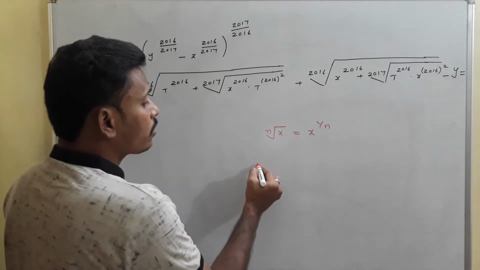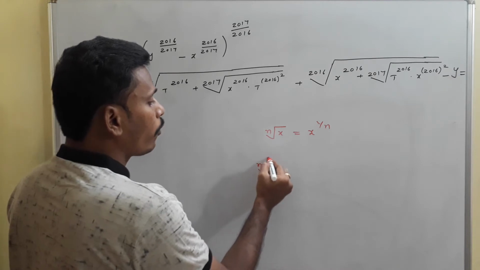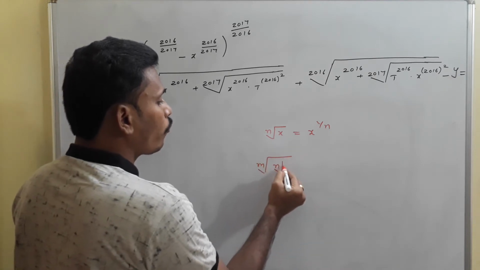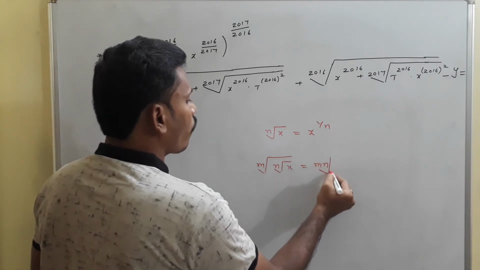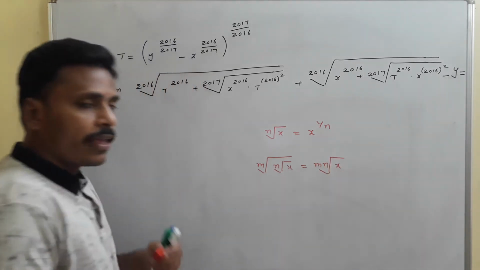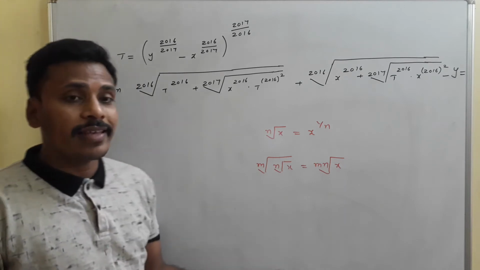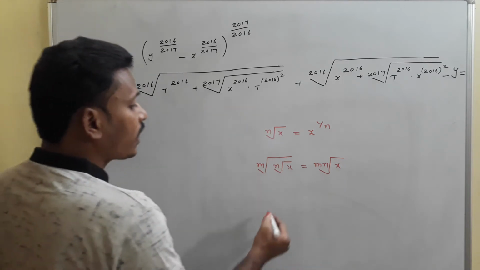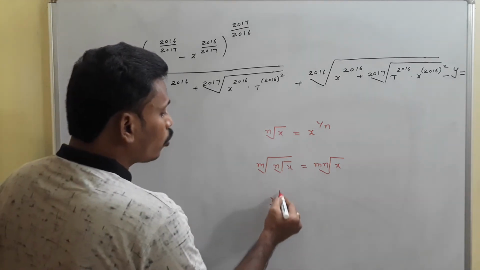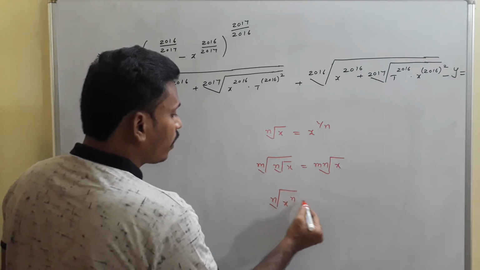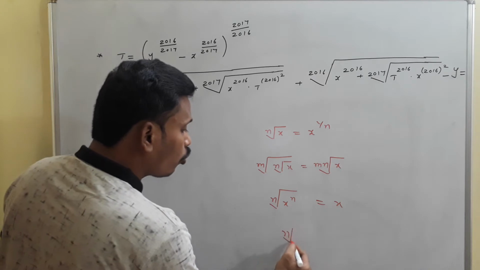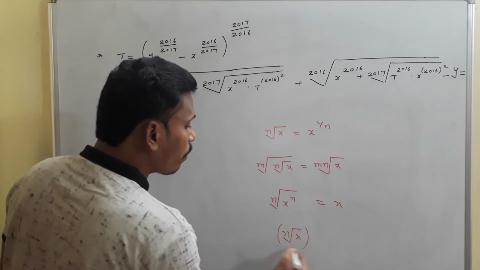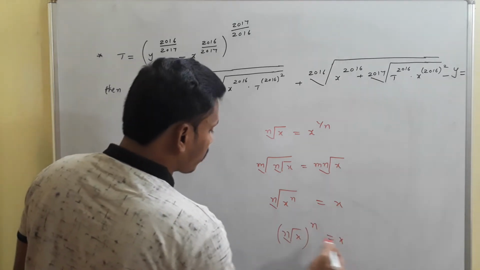And one more thing is, nth root of x, there is a chance to rewrite it like mth root of x, that is, mnth root of x. Nth root of x is mnth root of x. And the other thing, nth root of x power n is simply x. In the same way, nth root of x whole to the power n is also x.